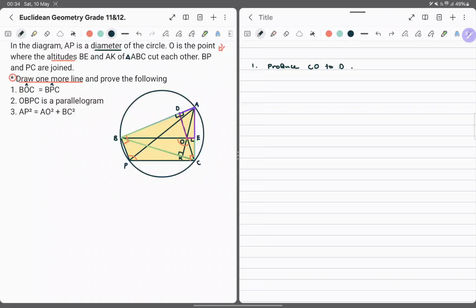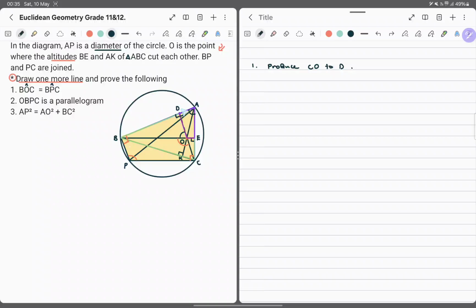So these are some of the things that may help us to work this out. Why am I doing this? Because I know if I take this angle and add it to angle A as a whole, I should have 180 degrees. But from my construction, I know that this angle A must be equal to that angle, right? Exterior angle of a cyclic quad.